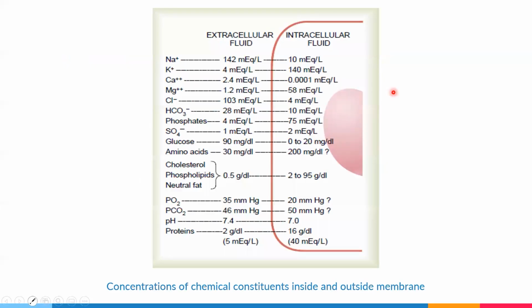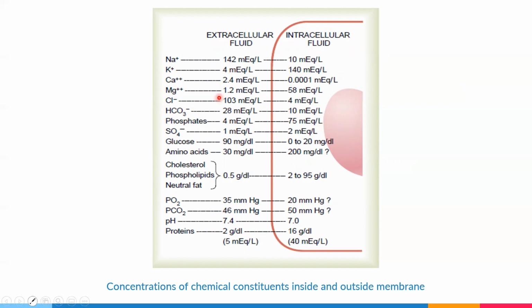Next, let us look at these concentration gradients that we were talking about. Here we are given the concentration gradients as concentration of a substance in the extracellular fluid and concentration of the substance in the intracellular fluid. As you can see, some molecules such as sodium and calcium are abundant in the extracellular fluid and very low in the intracellular fluid, with sodium having a concentration of 142 milliequivalents per liter in the extracellular fluid, whereas there is a very low amount, about 10 milliequivalents per liter in the intracellular fluid.